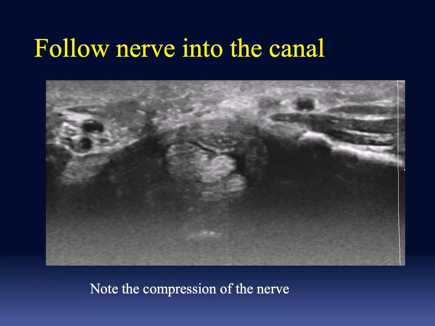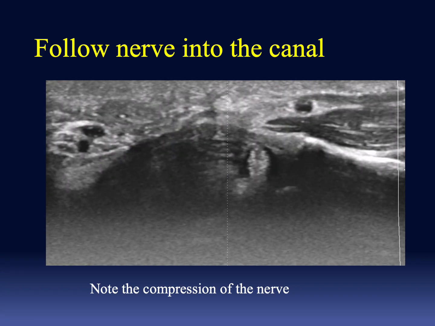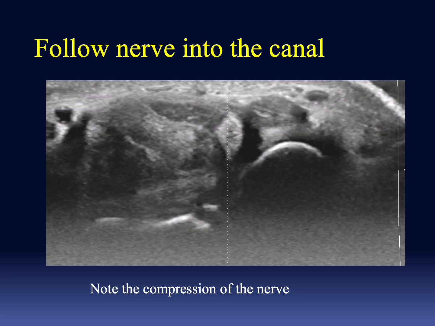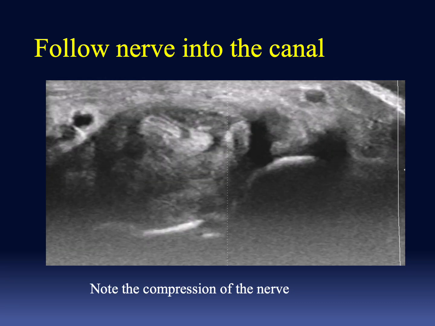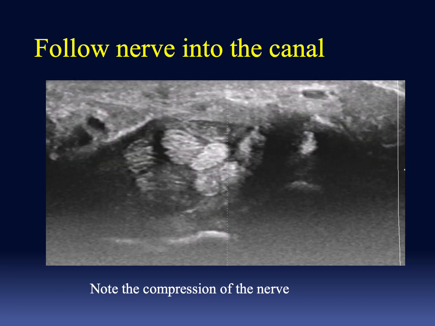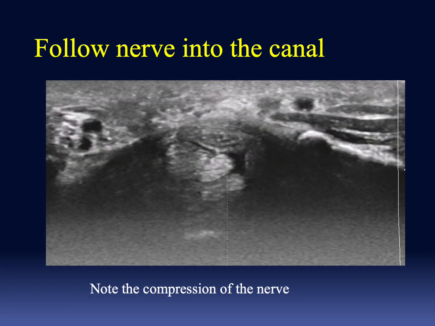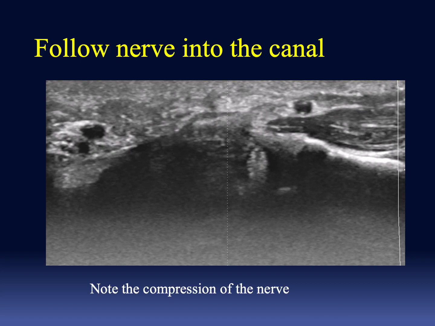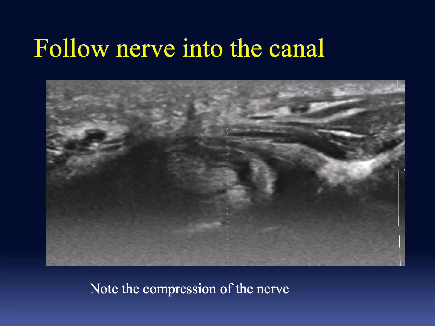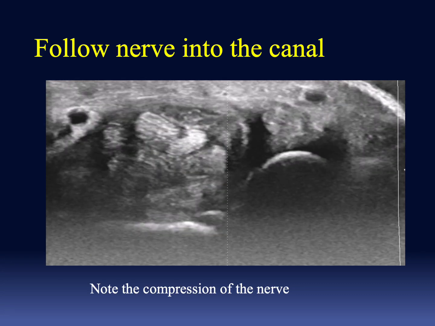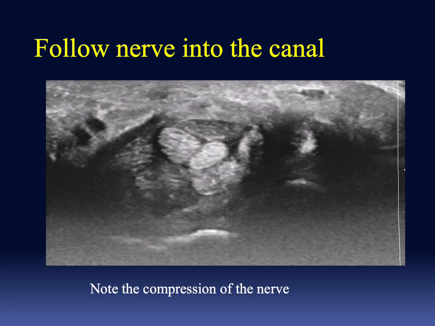In this area, we are seeing the trapezium, and then more proximally, we see the tendon of the flexor carpi radialis going over the scaphoid and then onto the trapezium here. On the ulnar side, we can see the ulnar artery and nerve, and at the very end, we see the hook of the hamate. So we have a very wide safe zone in which to operate.